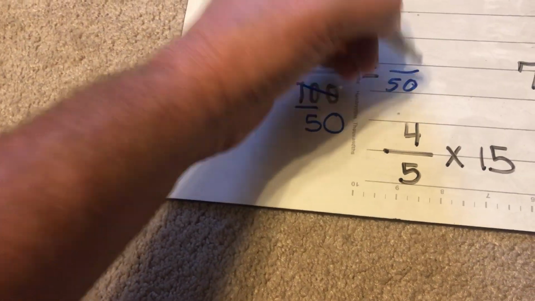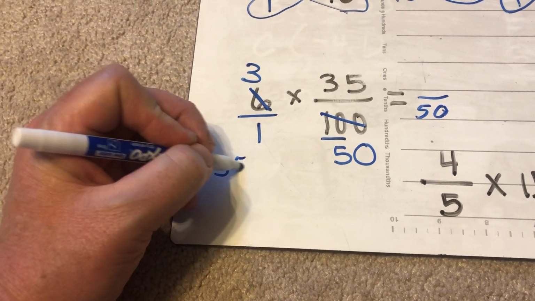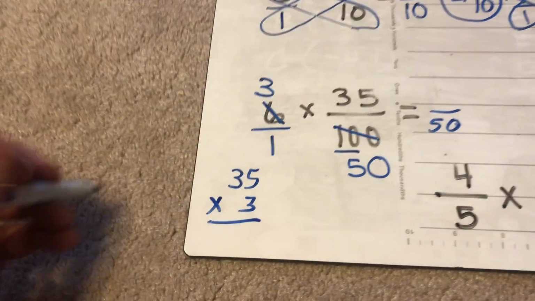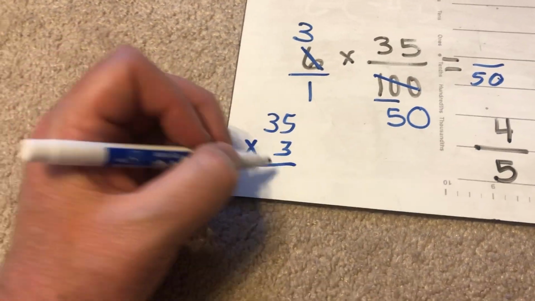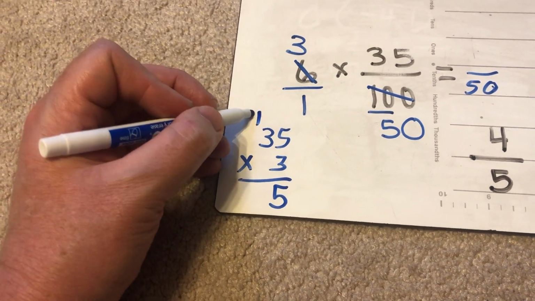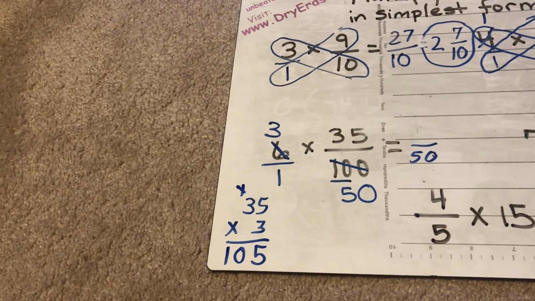When you get bigger numbers like this, which won't happen too often, but once in a while, you may have to come over here to the side and just do 35 times 3, but you know how to do that, 5th graders. 3 times 5 is 15. Put the 5 down, carry the 1. 3 times 3 is 9, plus 1 is 10. I get 105.